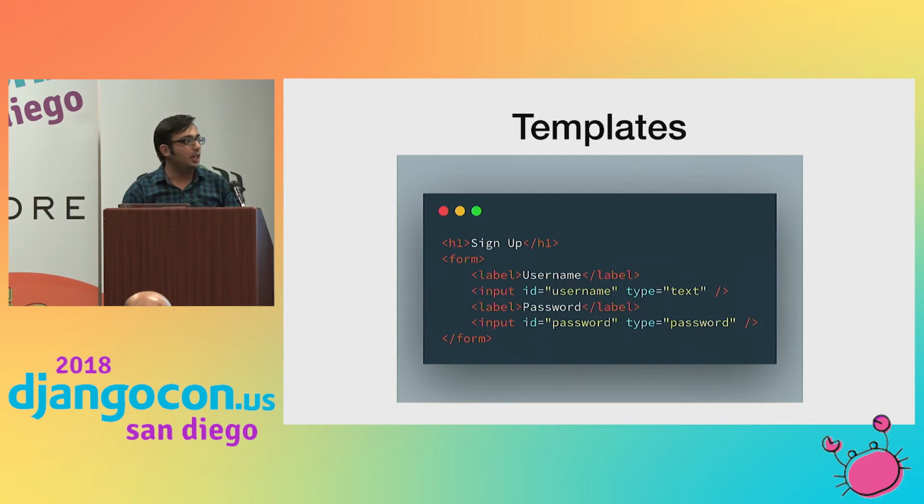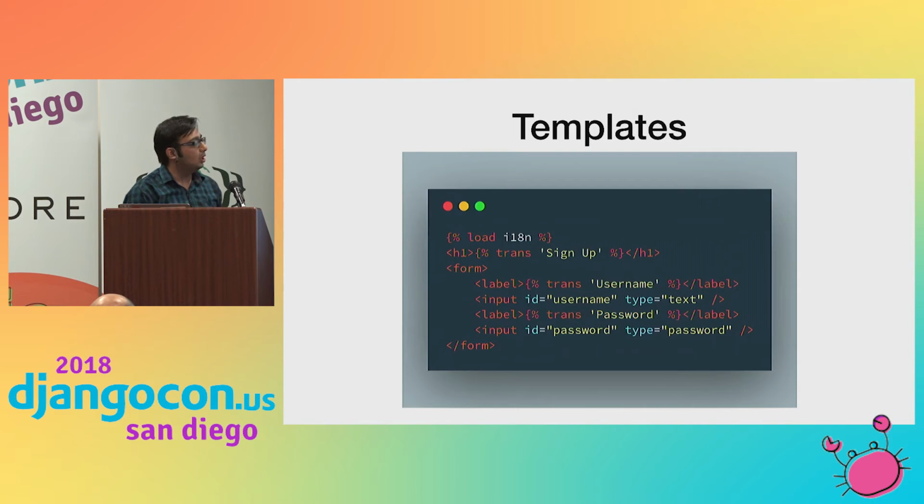I have a dummy page which says sign up. It includes a username and password label and has an input for username and password. Pretty simple. Now, how do I make internationalization and localization here? So, to enable the translation and serve the static page, I'll first load the translation tag and mark all the stuff with translation.